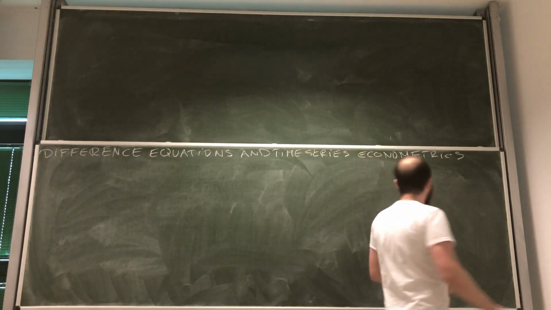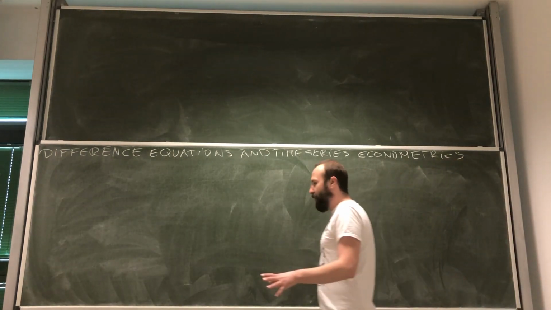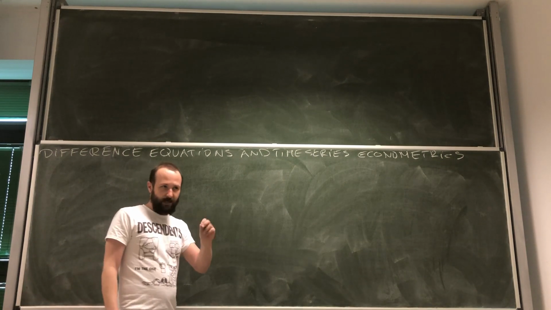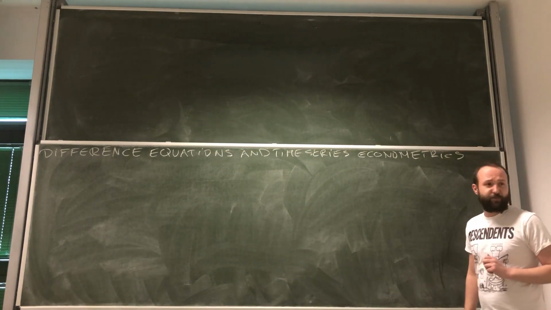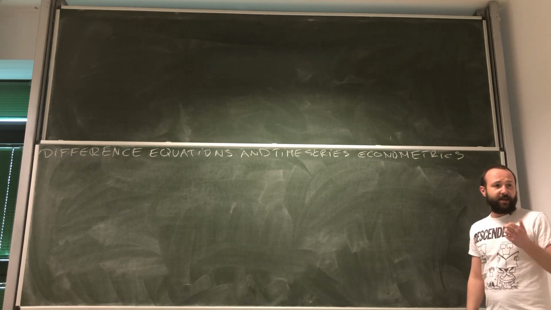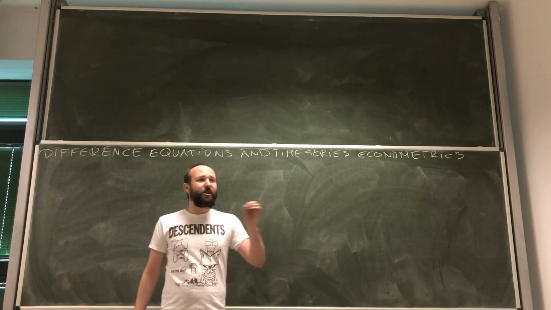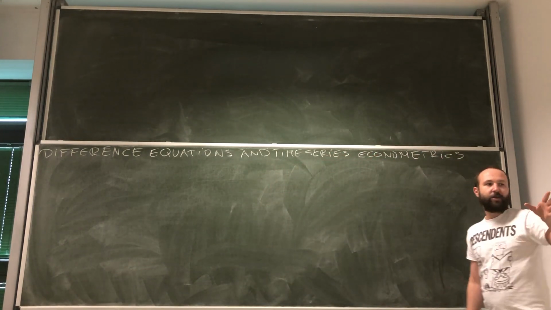Okay, and we're going to start by looking at two of the most commonly used stochastic processes in economics. But we're going to start with something simpler that is going to lead us towards what we want.